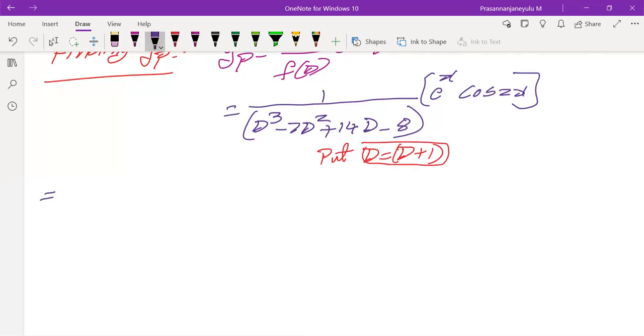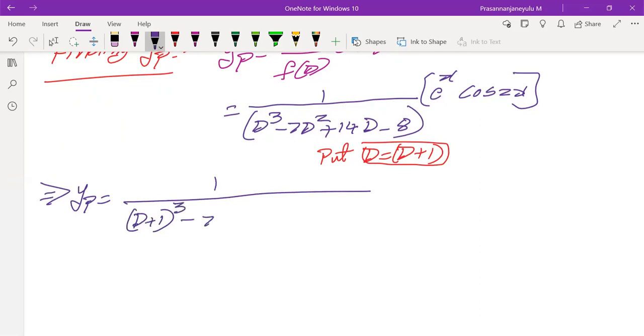That implies yp equals 1 by d plus 1 whole cube minus 7 into d plus 1 whole square plus 14 into d plus 1 minus 8 of cos 2x.